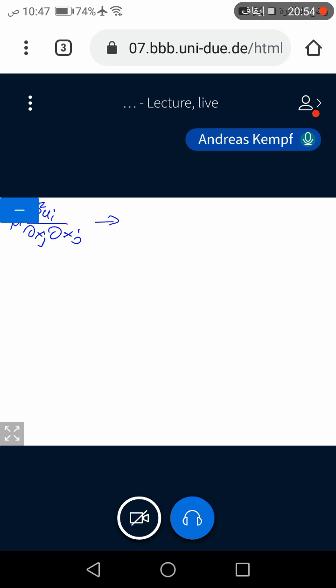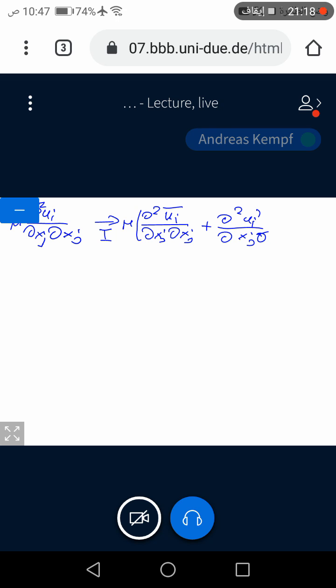So step 1. Decompose mu del squared ui bar del xj del xj plus del squared ui prime del xj del xj. Okay.